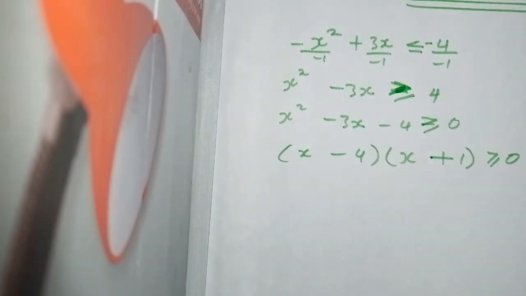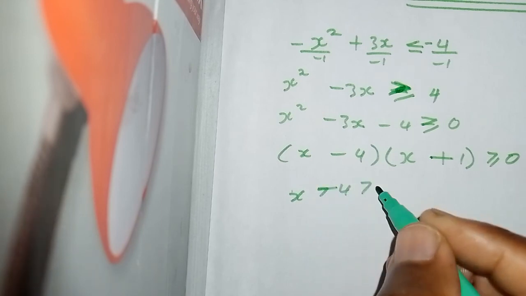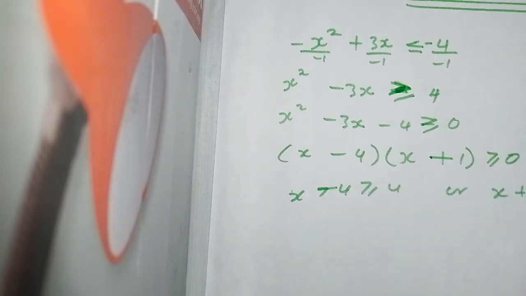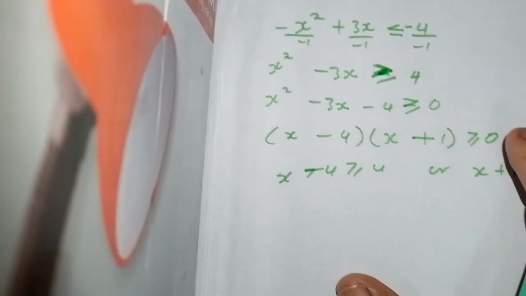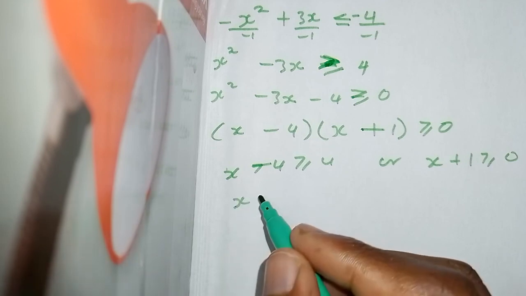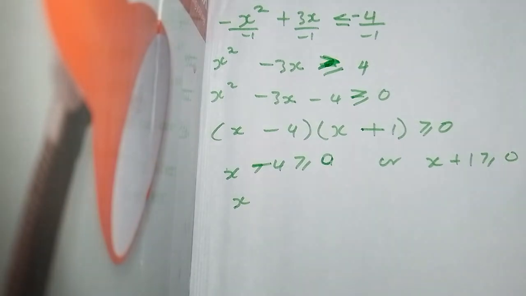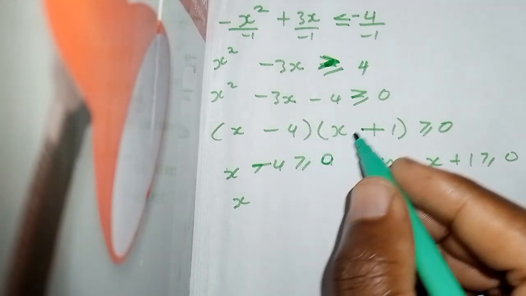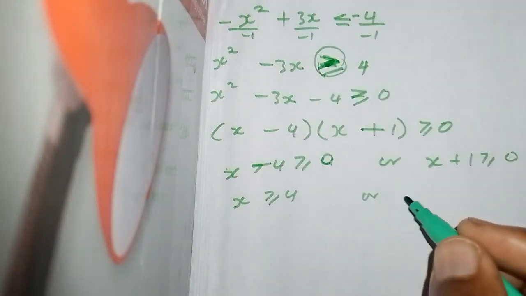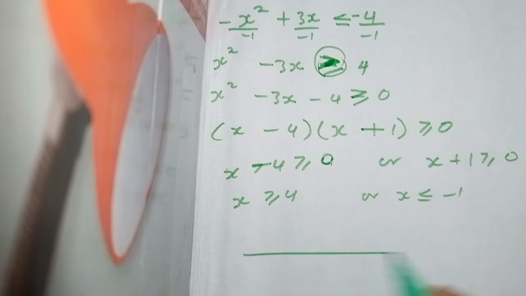Then x minus 4 is greater than or equal to 0, or x plus 1 is greater than or equal to 0. Then x, this is gonna be positive 4, this is gonna be negative. This will just take the original inequality sign, which is x greater than or equal to 4, or x less than or equal to -1. Just draw the graph quick.